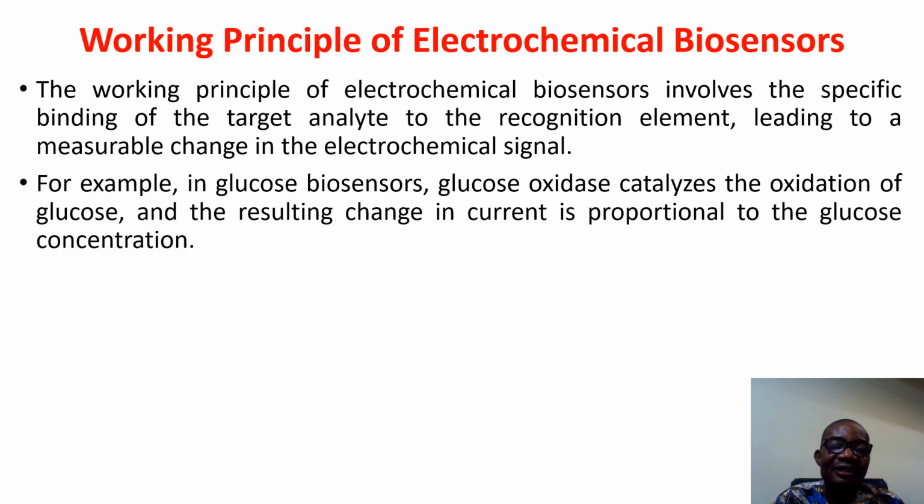For example, in glucose biosensors, glucose oxidase catalyzes the oxidation of glucose, and the resulting change in current is proportional to the glucose concentration. I will explain it when we get to the next slide.